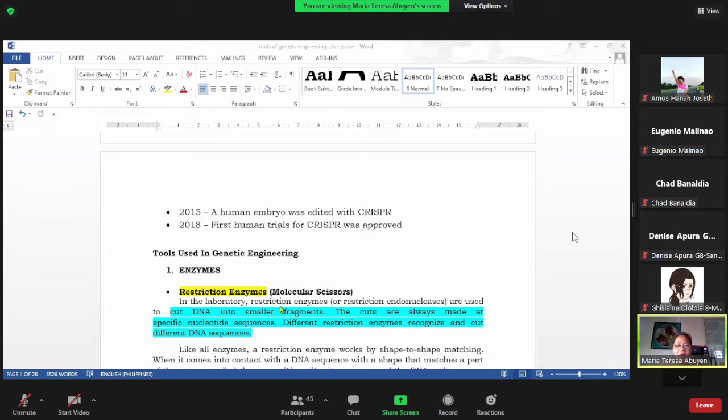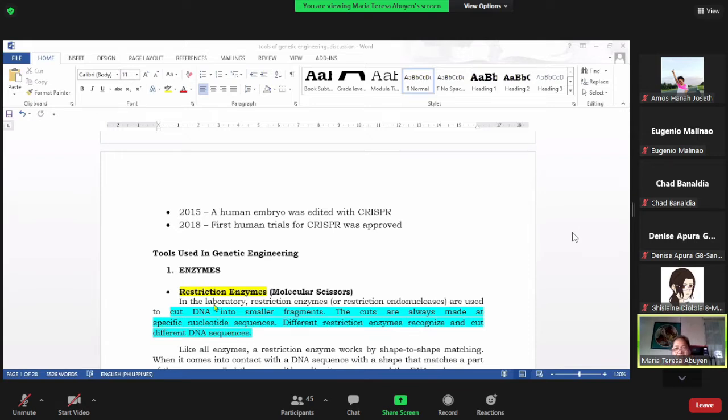Because they found out, while they were studying the DNA, while they were studying the cell, that there are enzymes that can cut a certain sequence of a DNA molecule. And we call these molecular scissors that are able to cut DNA molecules restriction enzymes.